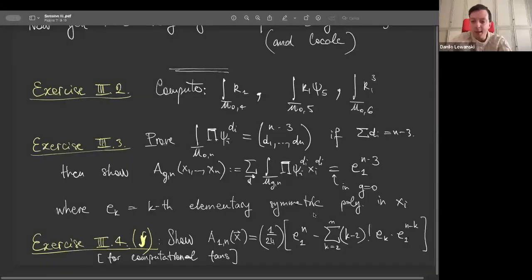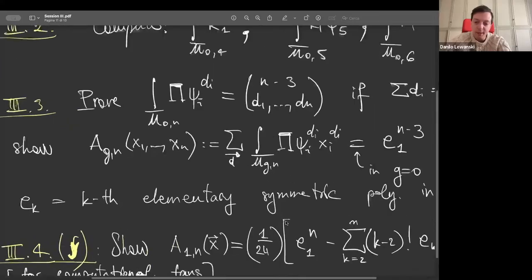And then you may expect that you have E1 to the n minus 3 as before. But of course, this is no longer n minus 3, because n minus 3 was the dimension, which is 3g minus 3 plus n when the genus is 0. But now the genus is 1. So you may expect that this is n minus 3 plus 3, so that's n. And indeed, you do have this term.